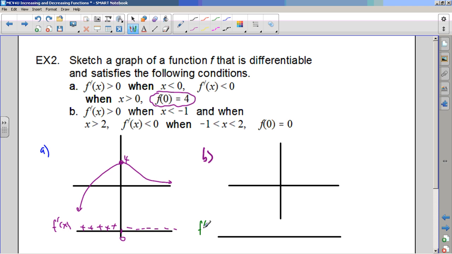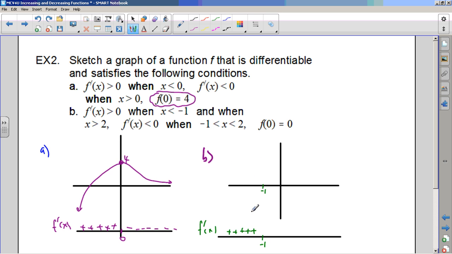So I have f prime of x. f prime of x is greater than 0 when x is less than -1. So here's -1. And over here, f prime of x is greater than 0, so that means it's increasing in this section.